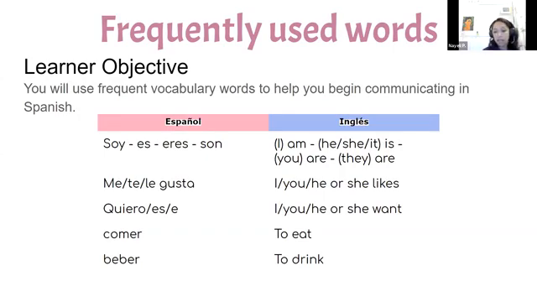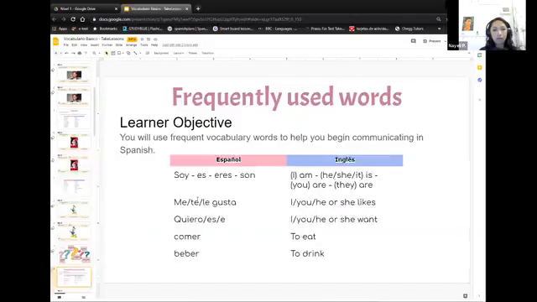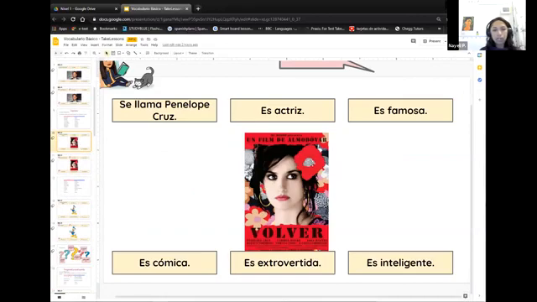So I'm gonna say George Clooney. What about, let's look at Penelope. ¿Te gusta Penelope? Do you like Penelope? Now you respond, me gusta or no me gusta. You can put it in the chat, please.